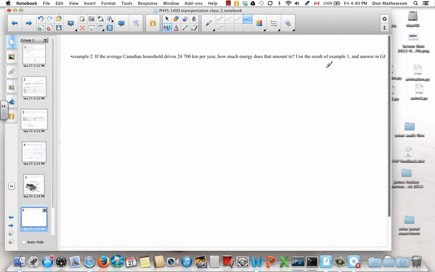So let's use that value we just had of the 3.14 million joules per kilometer, so about 3.14 megajoules per kilometer, and then use the average driving distance per year. Typical household in Canada drives about 24,700 kilometers per year.